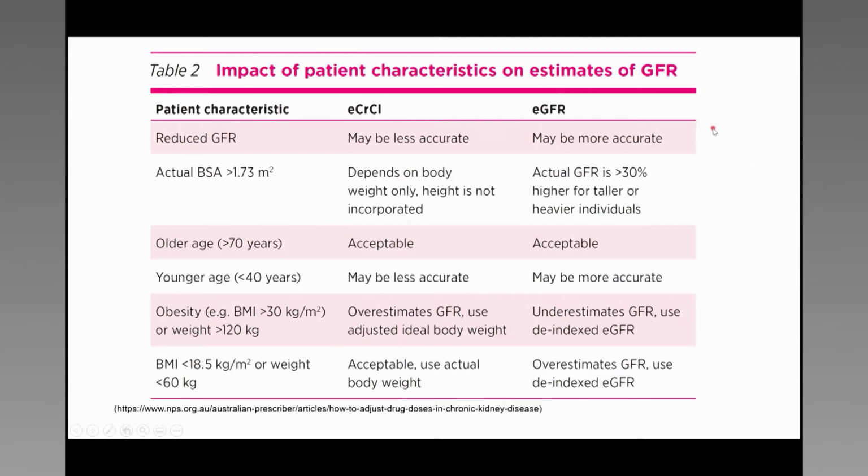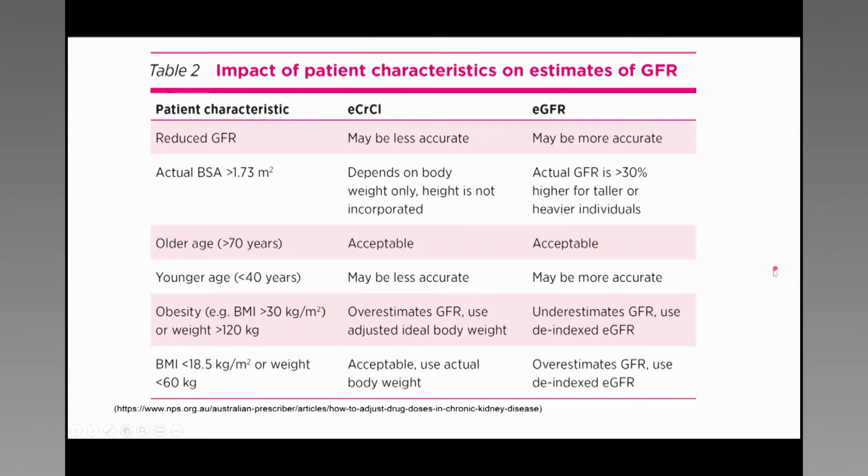This is largely based on limited data, but it gives an indication. But in general, as I've already shown you, both eGFR and eCreatinine clearance have so much error compared to the measured GFR. In general, I think it doesn't matter.